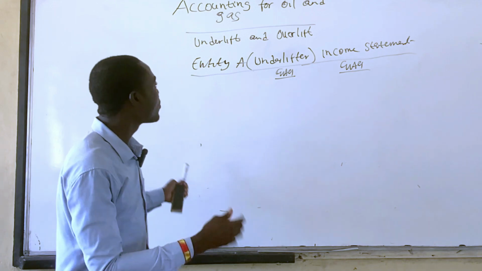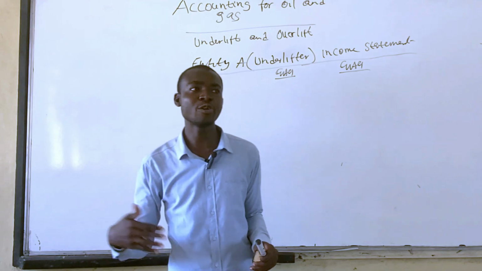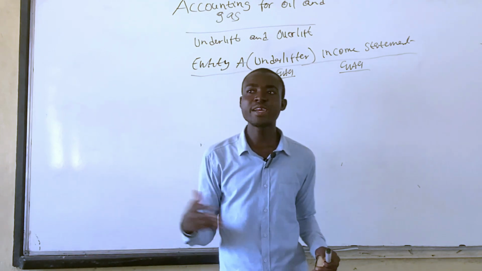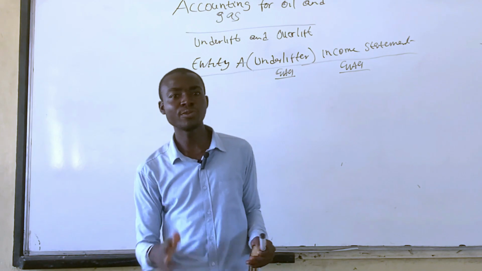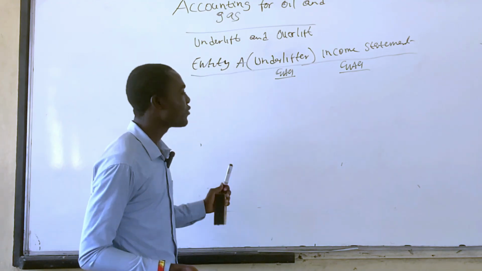Income statement is basically about your revenue and your expenses. We relate your expenses to your revenue to determine your net profit or net loss. So we start with the revenue.